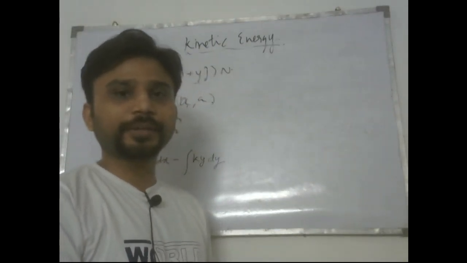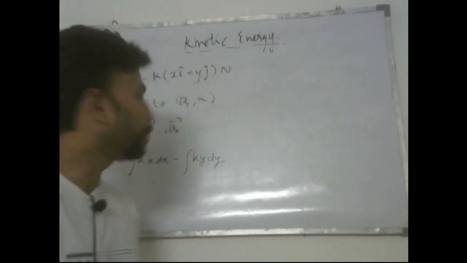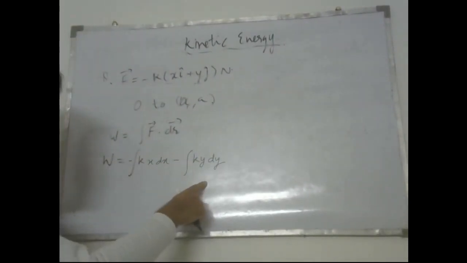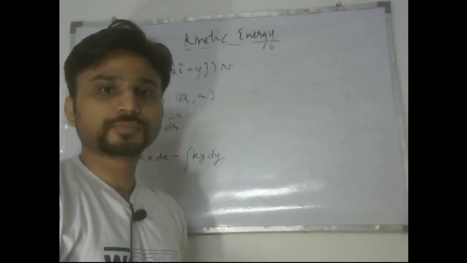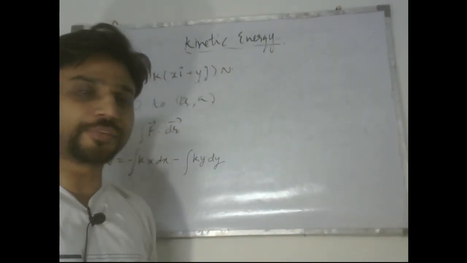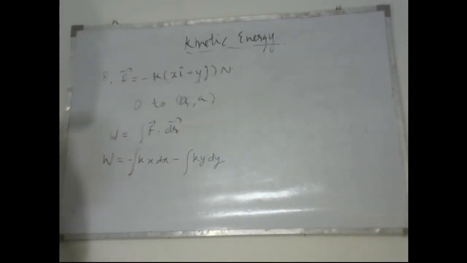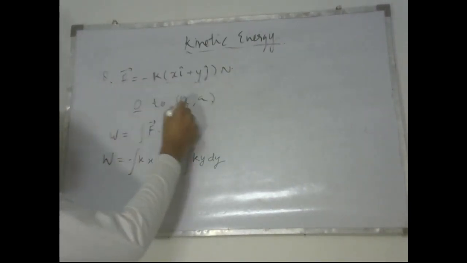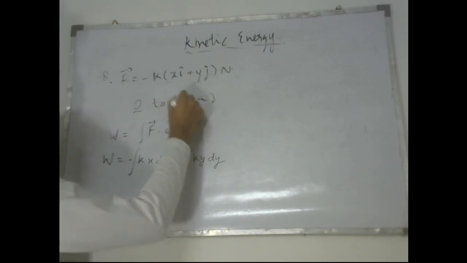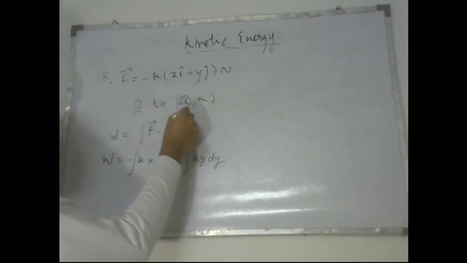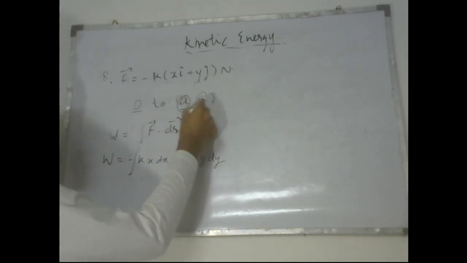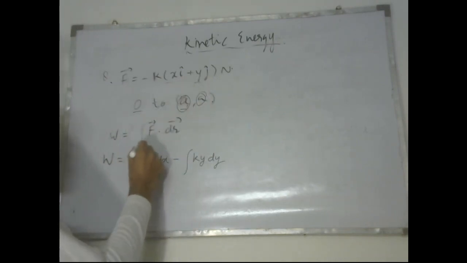Since we are going from point A to point B, that would be our way of integrating them. The particle is going from the origin, so the x coordinate is changing from 0 to a, and the y limit is also changing from 0 to a.